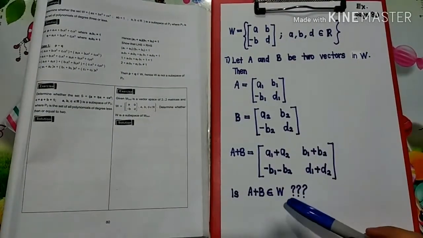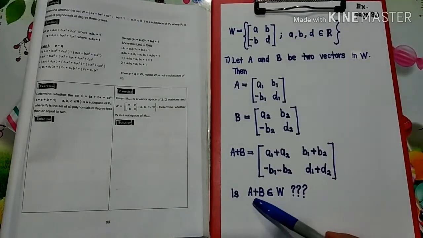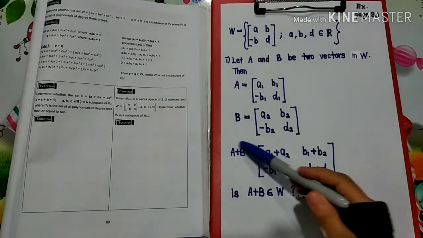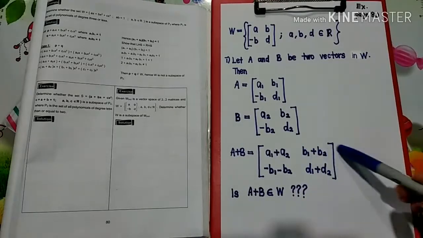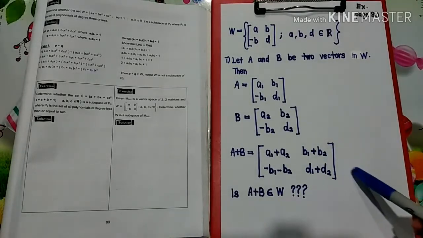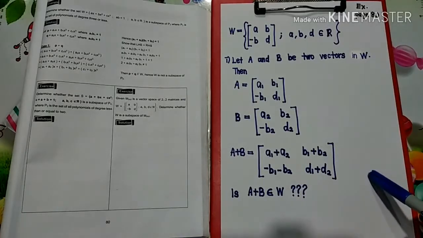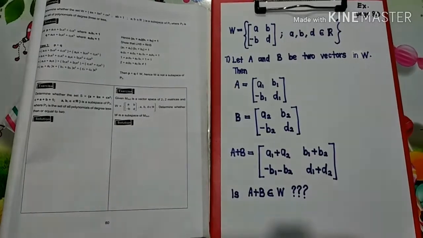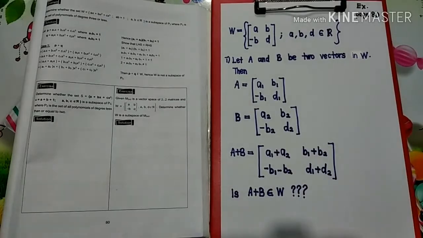How do we show that A plus B is in W without any given specific condition? We don't have any specific calculation, but we just prove it through our investigation.